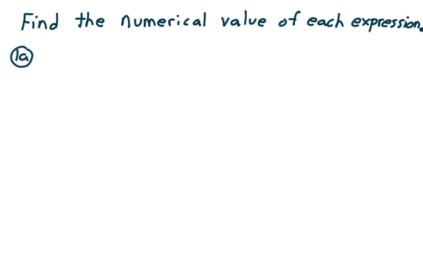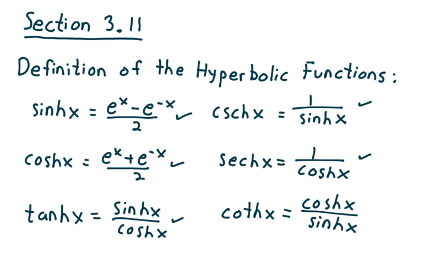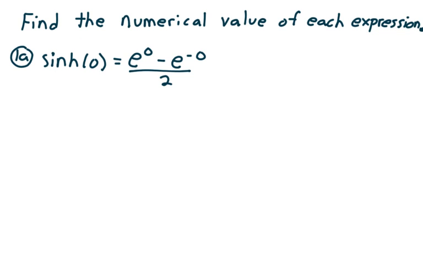So we're going to look at sinh of 0. But that's e to the 0 minus e to the negative 0 divided by 2. So all I do is replace x with 0. And so here I get 1 minus 1 over 2, which is equal to 0.